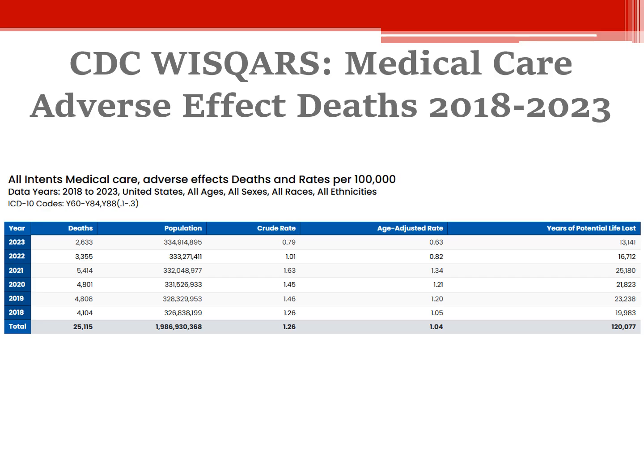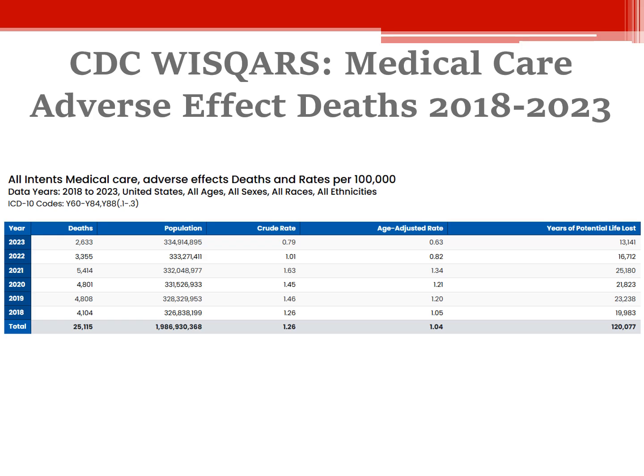If you go into the CDC WSCAR system and use medical care adverse effects as a cause of death and look at 6 years of data from 2018 to 2023, you'll see that there's been a range between a high of 5,414 of these deaths reported in 2021 and a low of 2,633 medical care adverse effect deaths reported in the year 2023.